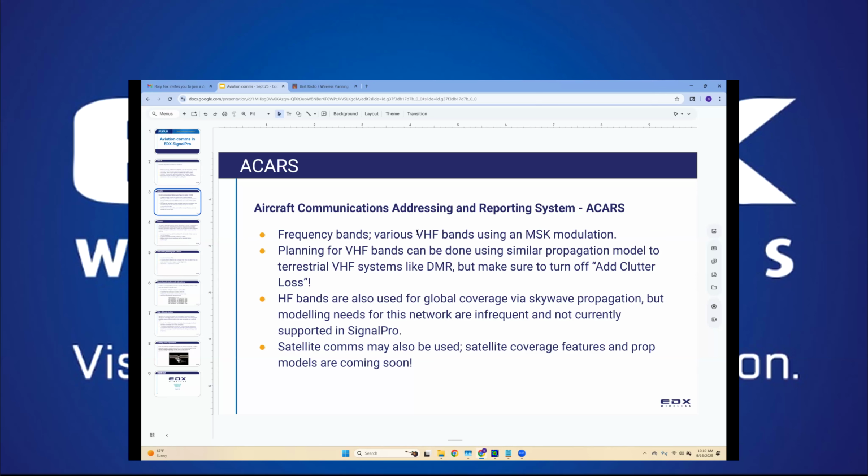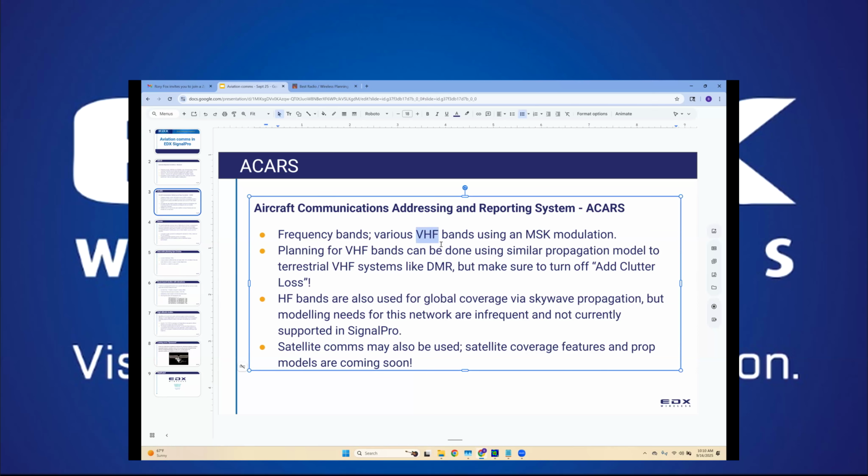The really key thing about this is that it's down at various different VHF bands, and uses a really reliable MSK modulation, which is similar to QPSK if you're from the broadband space. And so this is potentially a more non-line of sight technology, and sometimes will be used in backup scenario planning or emergency planning type of situations.